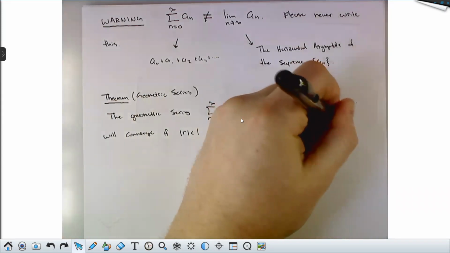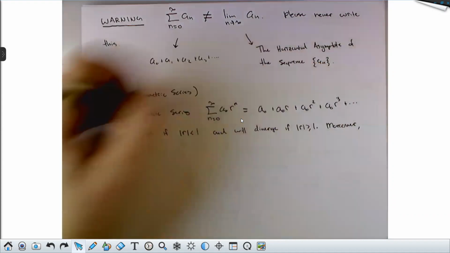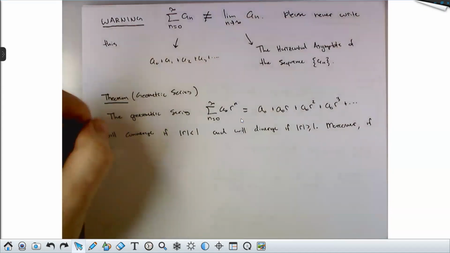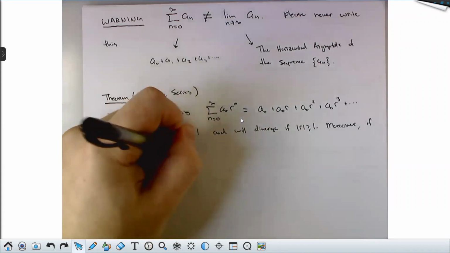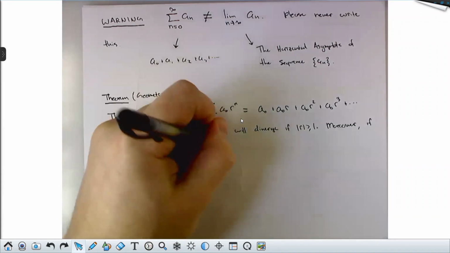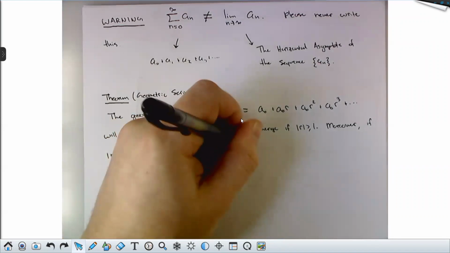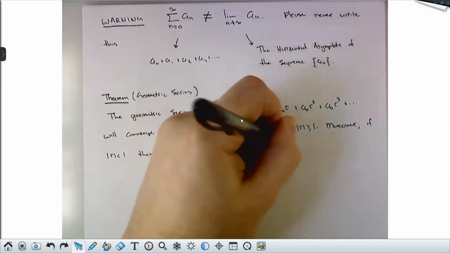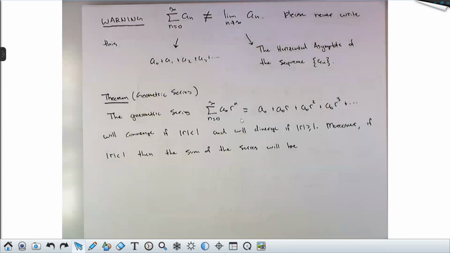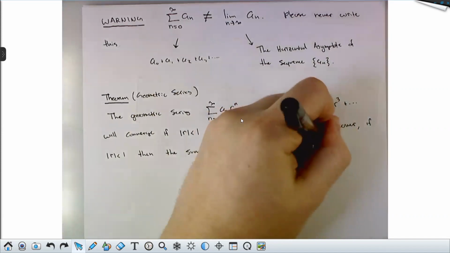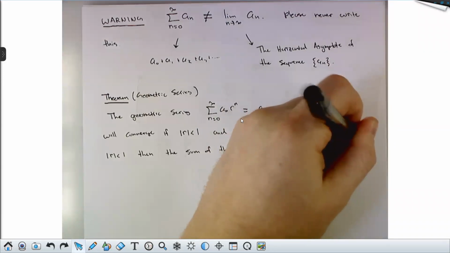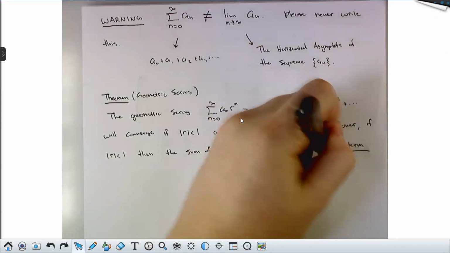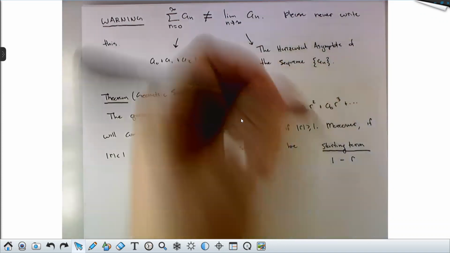Moreover, if the absolute value of r is strictly less than 1, then the sum of the series will be, and I'm going to give you a nice general formula here, the starting term divided by 1 minus r.